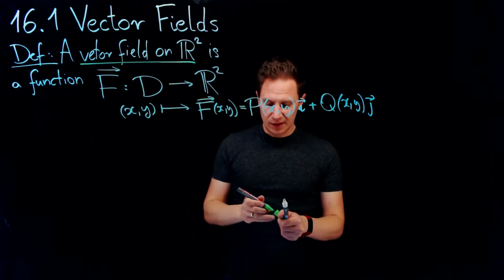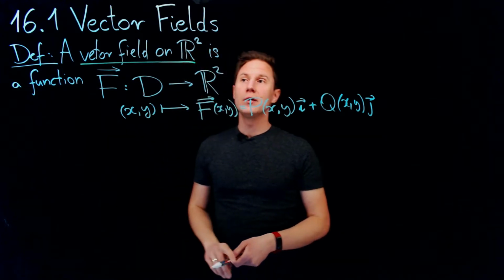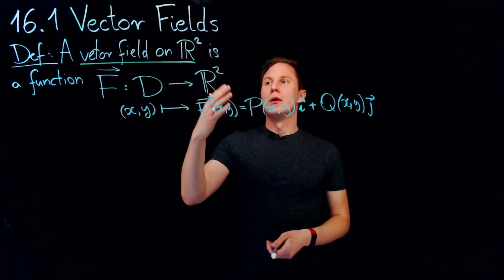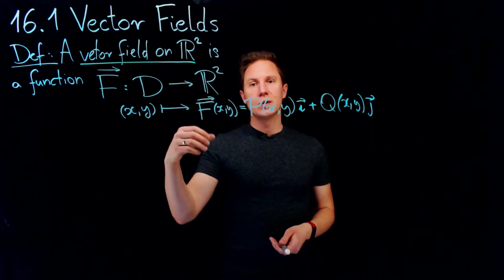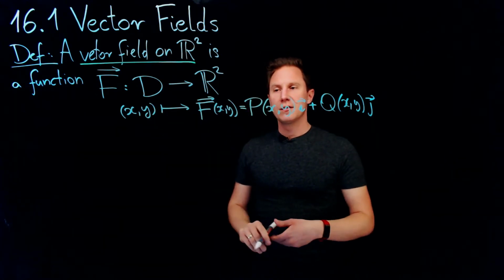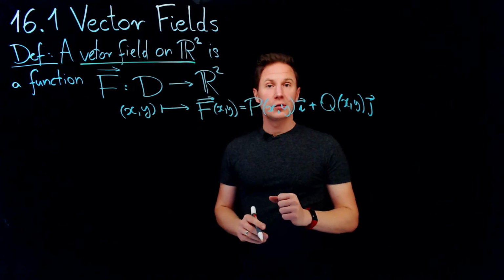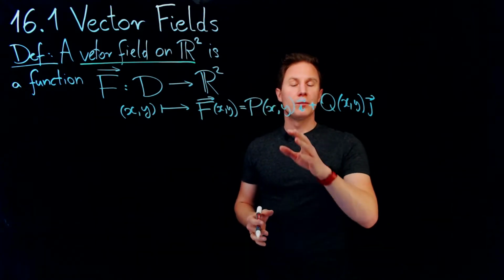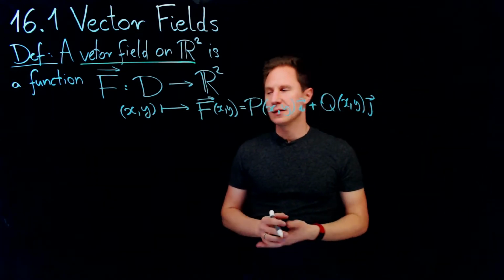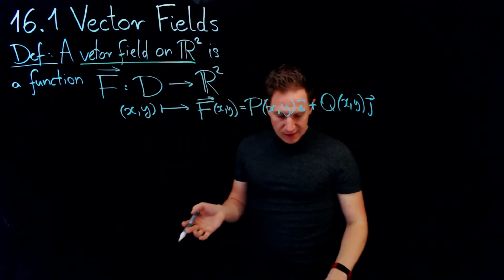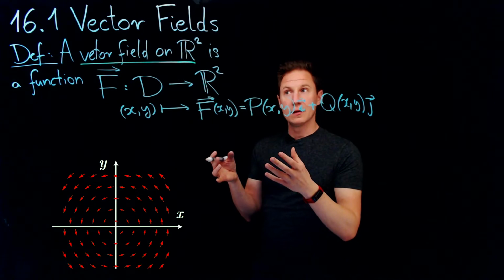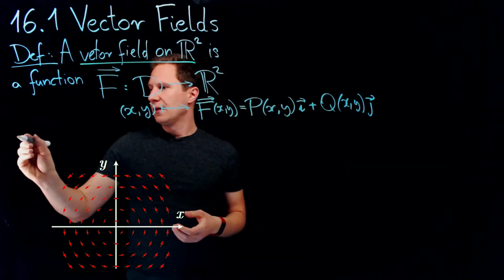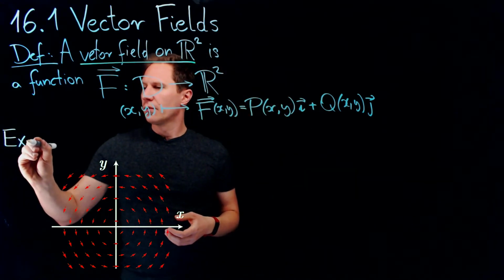This is how a vector field on R2 is defined, and similarly you can define vector fields on R3, where you take points in 3D space with coordinates x, y, and z, and assign to them 3-dimensional vectors with components P, Q, and R, let's say. So this is also an example of a vector field on R2, and I'll give you its formula.